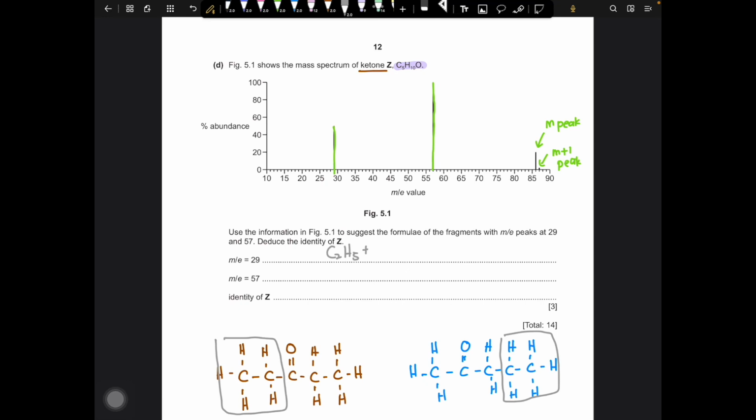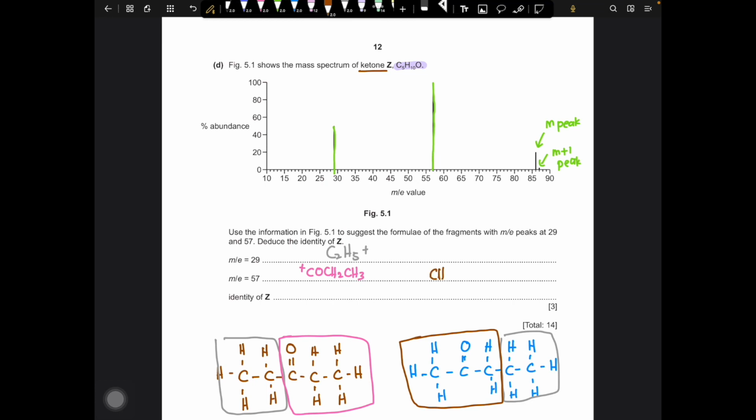And the peak at 57, if your answer is pentan-3-one, so this is a fragment corresponding to the peak at 57. So that will be COCH2CH3+. But if you use pentan-2-one as your answer, so this will be the fragment corresponding to the peak at 57.